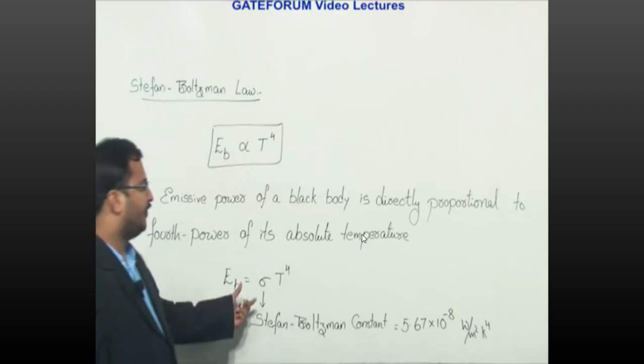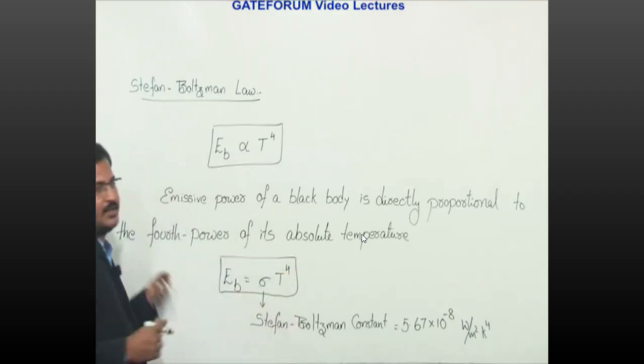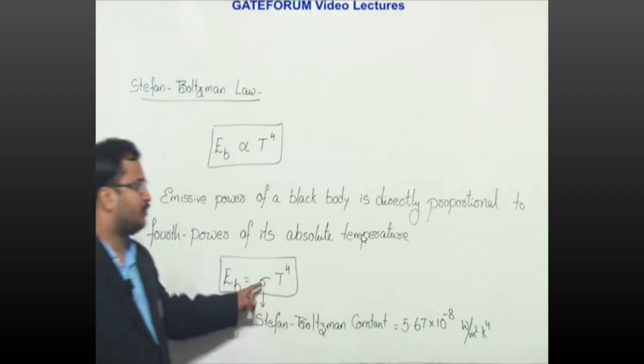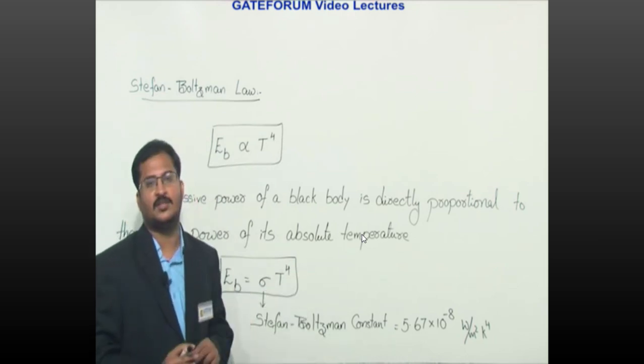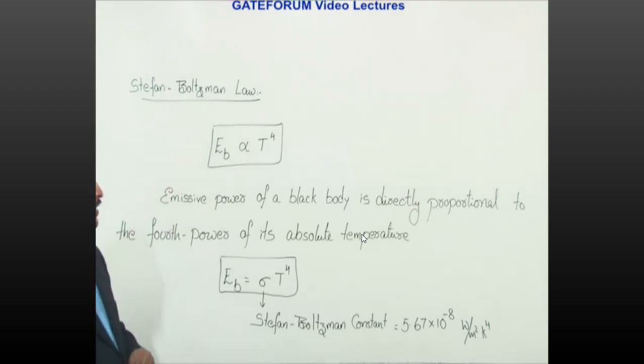Whatever the material may be, this Stefan-Boltzmann constant will always be 5.67 into 10 raised to the power minus 8 watt per meter square Kelvin power 4.